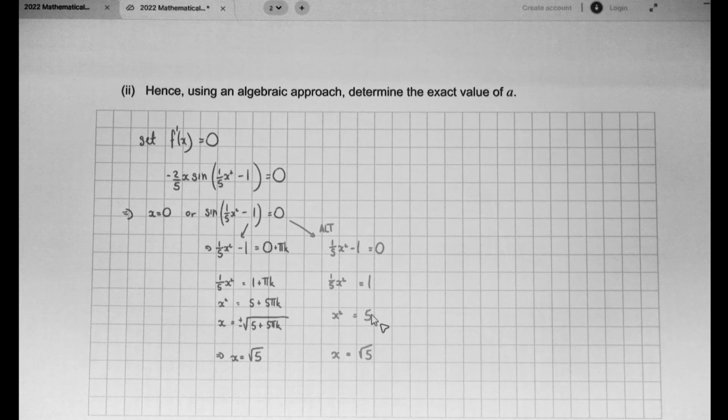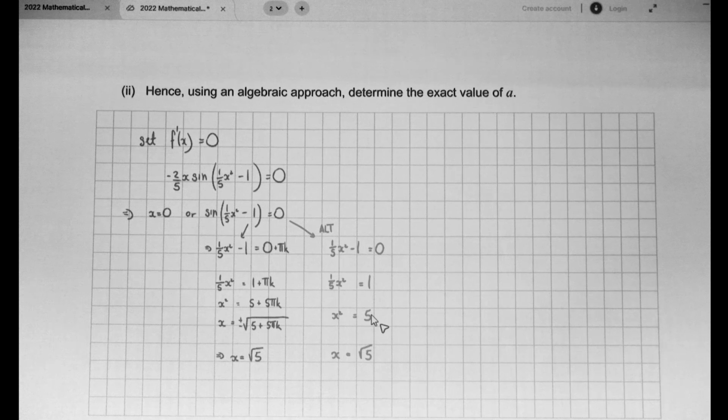All right, so we wanted to set the derivative to 0. Now, we don't want them to just be putting what's on their sheet, f dash of x equals 0. Well, that's fine, but really, you've got to show you understand what that means in this question, which would be minus 2/5 x. Whatever their derivative was from over the page has to be set equal to 0. Okay, so we've shown some good understanding there.